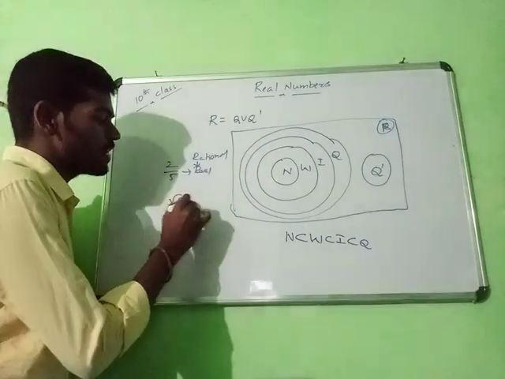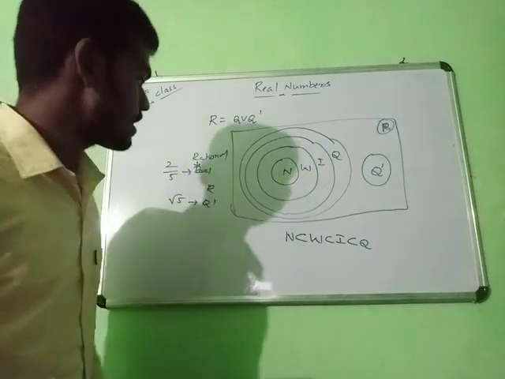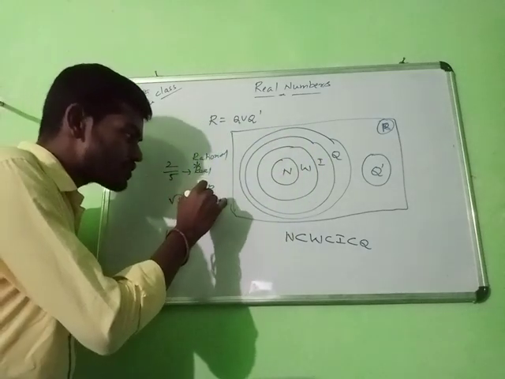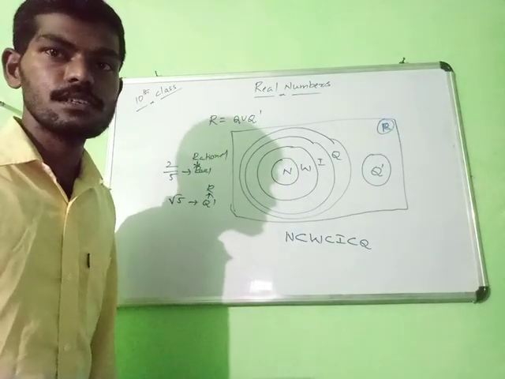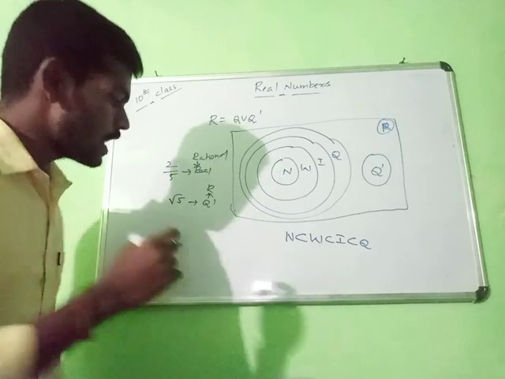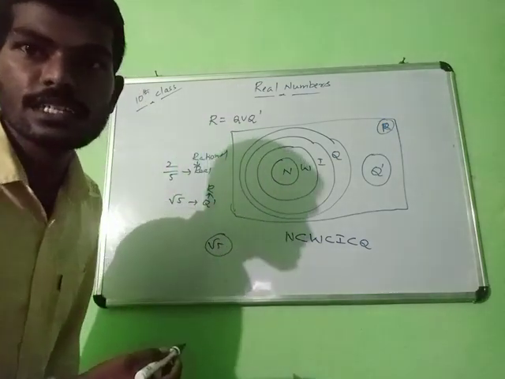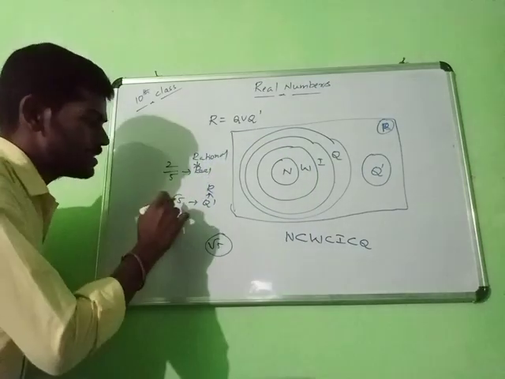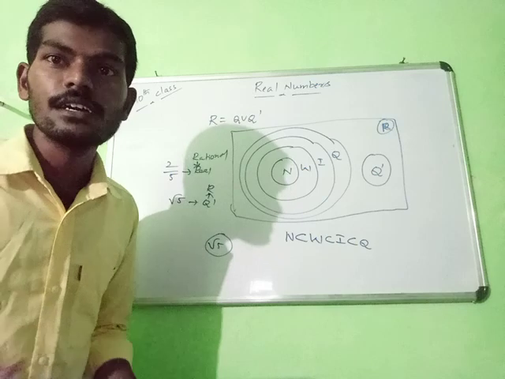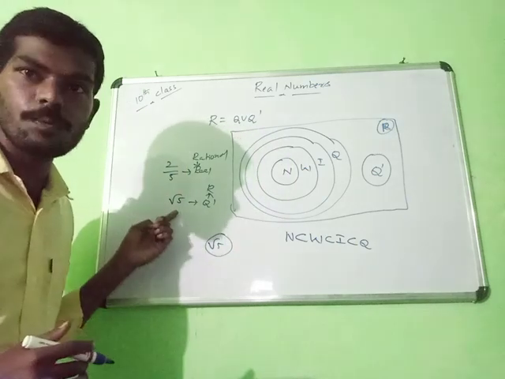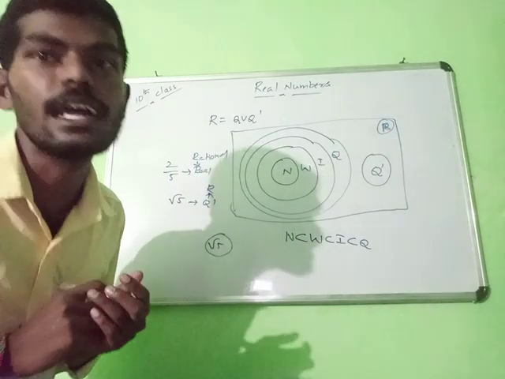For example, take root 5. This is irrational and also a real number. So irrational numbers are always real numbers. This one is a real number and also irrational, but not rational.